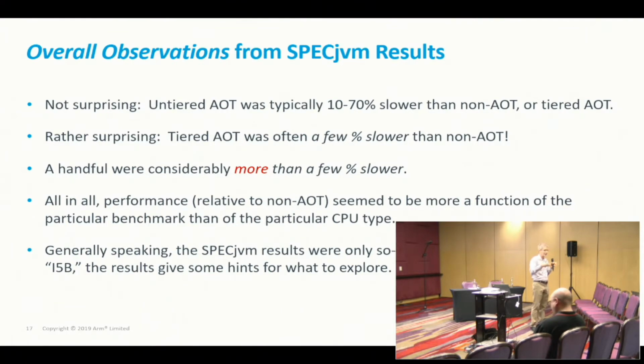You know, you're running native code right out of the chute, and you'll be able to optimize it even further, right? In some of those cases, it was actually somewhat slower than non-AOT, which was interesting. In fact, mostly it was just a few percent, but sometimes it was more than just a few percent. So I have a theory, and we'll get to that. So, yeah, wanted to look into that.